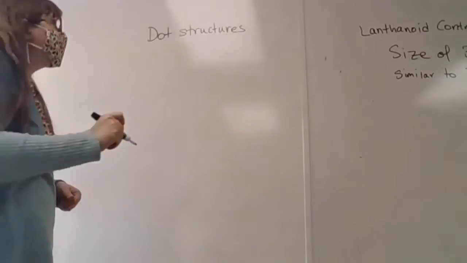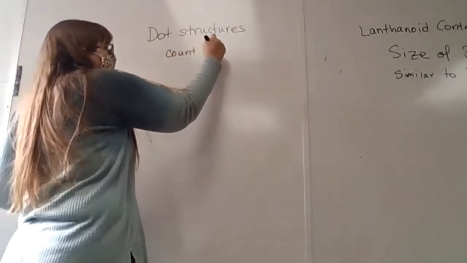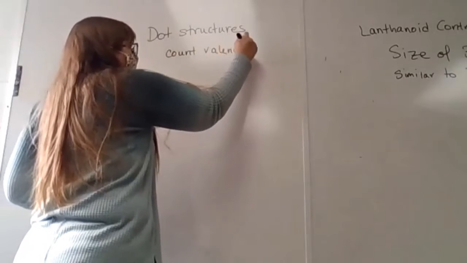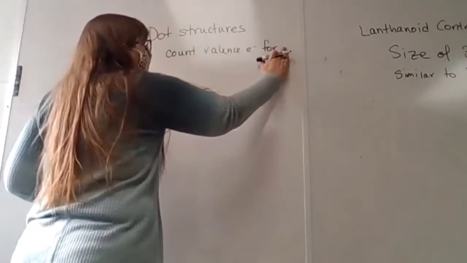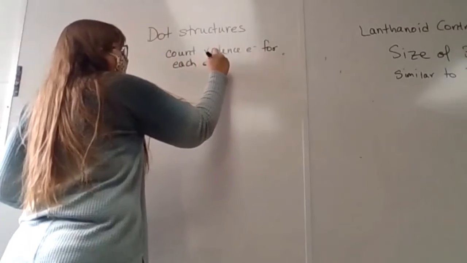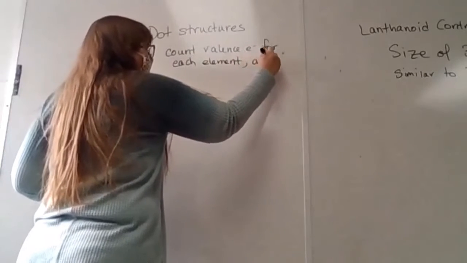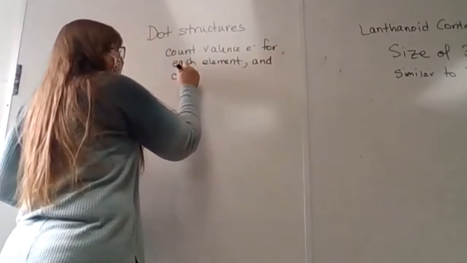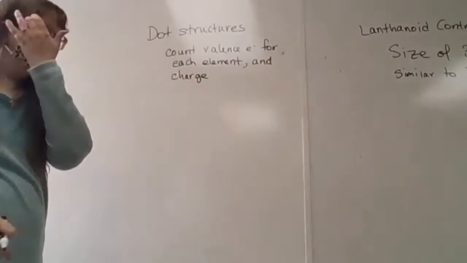When we are doing a dot structure, we count the valence electrons for each element. And we have to adjust that for the charge.